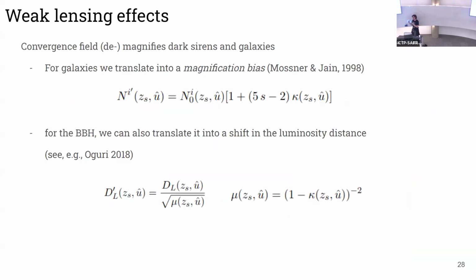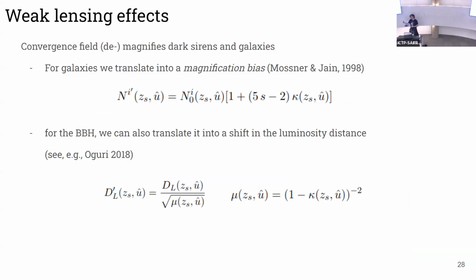So now, before going to the results of this analysis, I just want to comment that we're also including lensing impacts for binary black holes. In galaxies, generally you translate the magnification into a magnification bias, because some galaxies are magnified by the matter field.